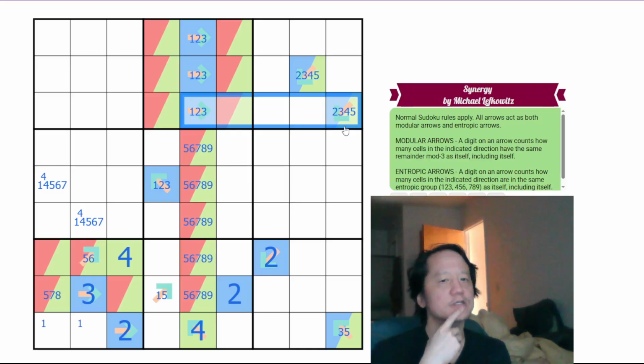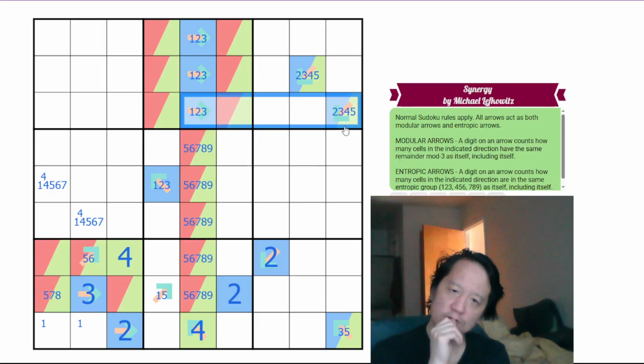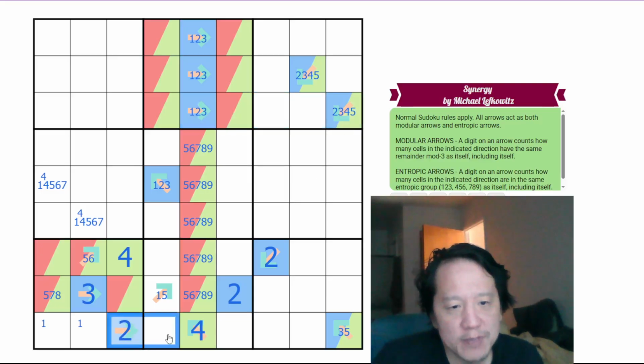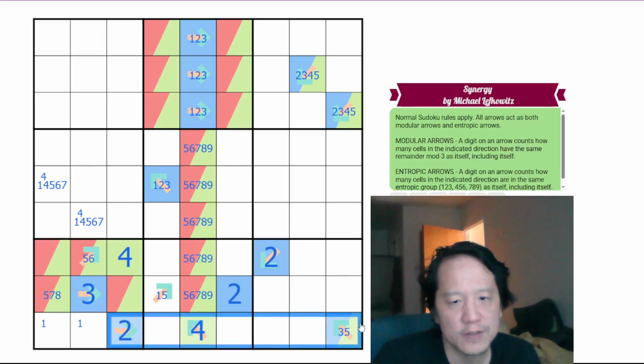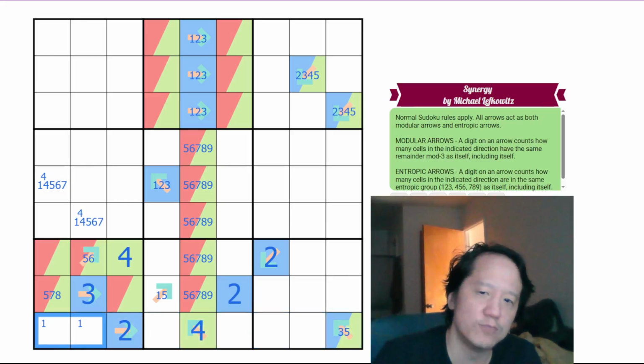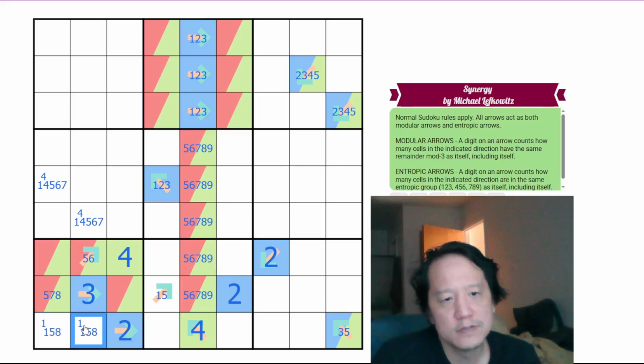Two is interesting. 2 is the one that's going to be different. Oh, this must be missing a 2 mod 3 in this direction. So this is 1, and the other one is 5 or 8. Interesting.